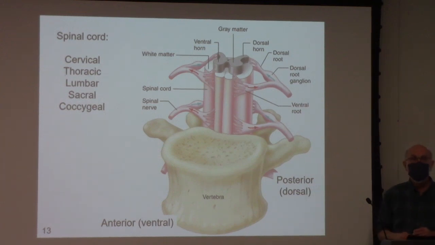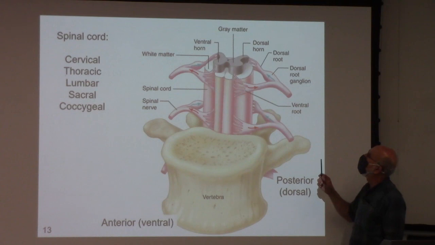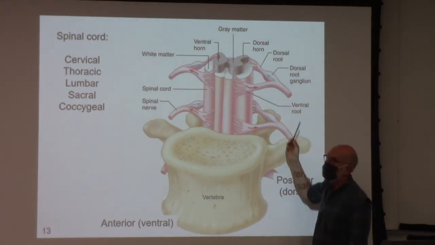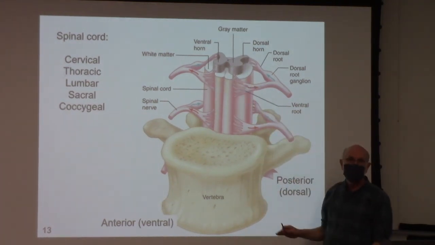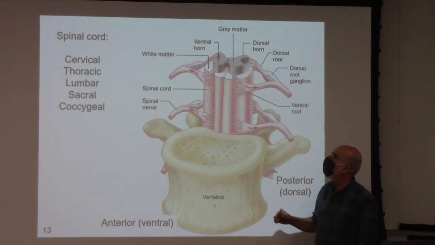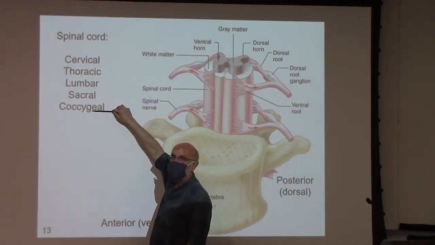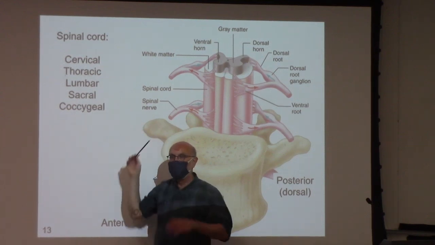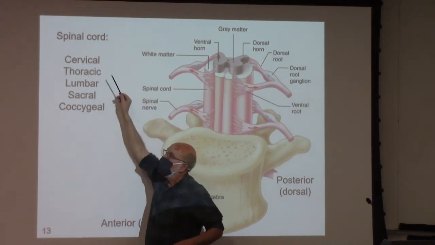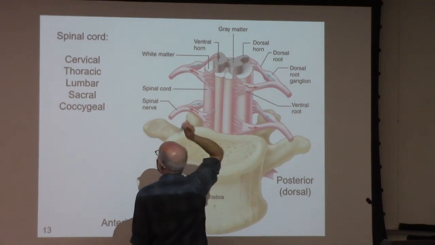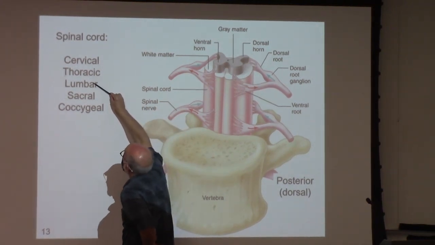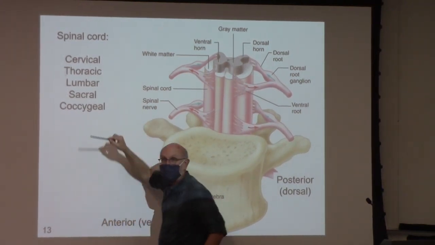So, this was the question that Ramsey asked about how the nerves get from the spinal cord out. It's between the bones of the spine. There are sections of the spinal cord: cervical, thoracic, lumbar, sacral, coccygeal.